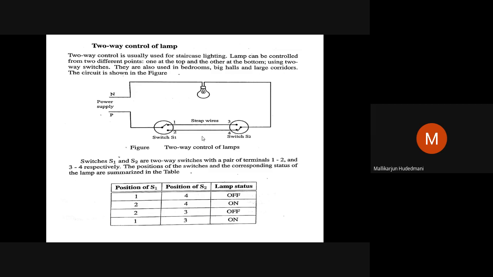When I put it off, meaning press the top, it is in off condition. That is called single contact. It has an action only at one side. So these switches S1, S2, which I am trying to show you in the diagram, are called two-way switches. They have an action: when they are put up, there is a contact. When put down, there is a contact. Therefore, this is called a special two-way switch.